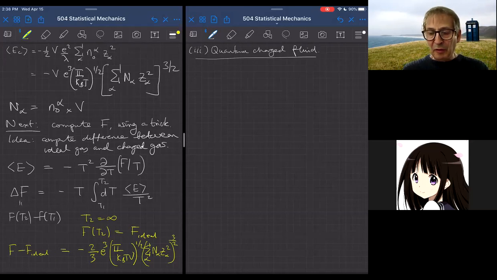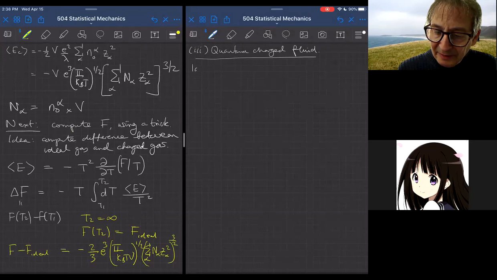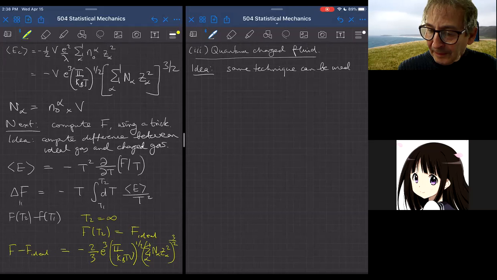It's very important for solid state physics. So the basic idea is that the same technique can be used for charged quantum fluids, and what that really means is the electron gas.